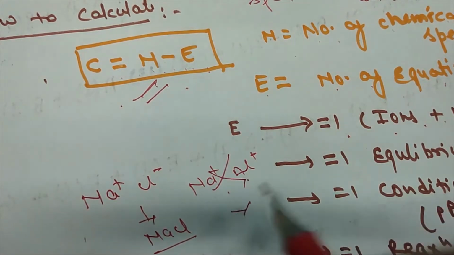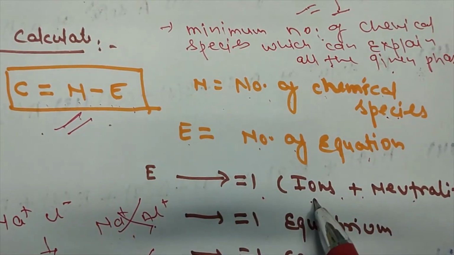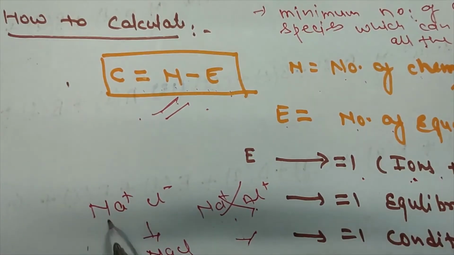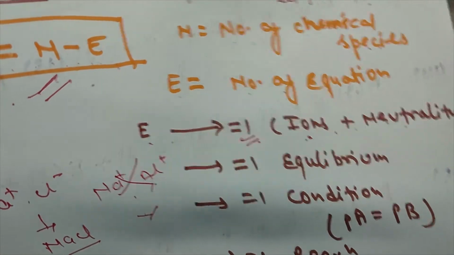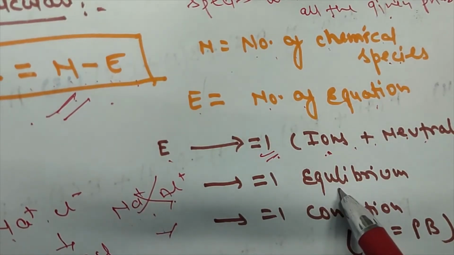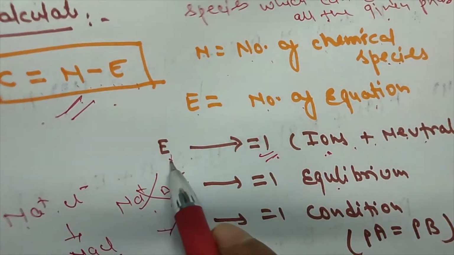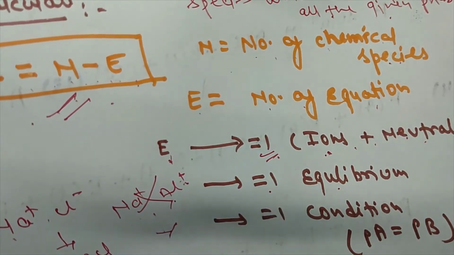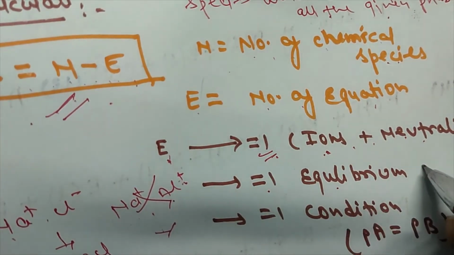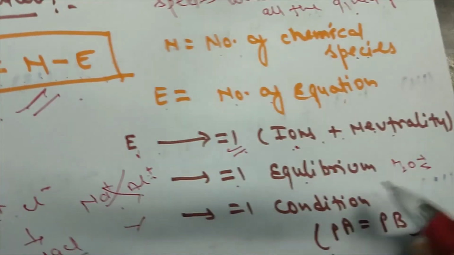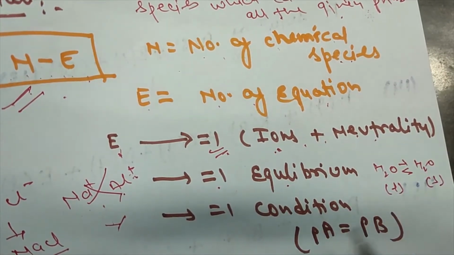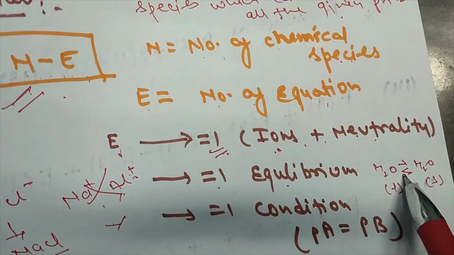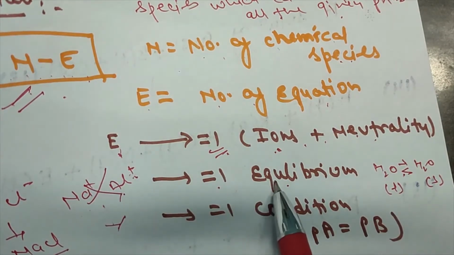No. It means if ions are given to you and they form a neutral compound like NaCl, then you have to take E as 1. Clear, guys? If an equilibrium is given to you, then you will take E as 1. Like here, H2O in equilibrium with H2O: this is liquid, this one is solid. It means there is an equilibrium given, so you will take E as 1. Okay.